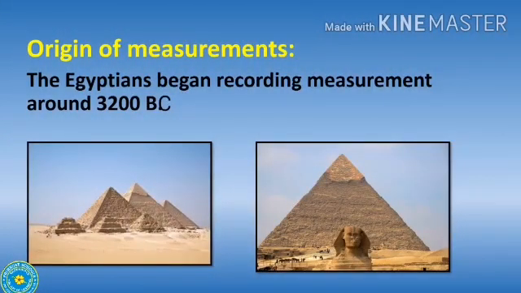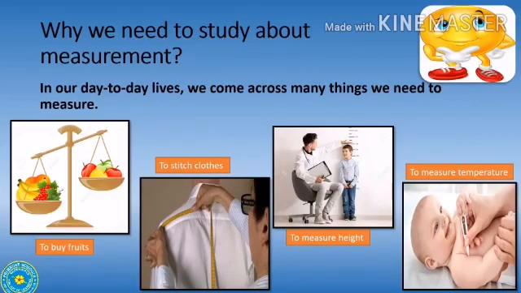Origin of measurements. Egyptians were the first to record measurements. The Egyptians began recording measurements around 3200 BC. Children, why do we need to study measurement? Yes, in our day-to-day lives, we come across many things we need to measure.